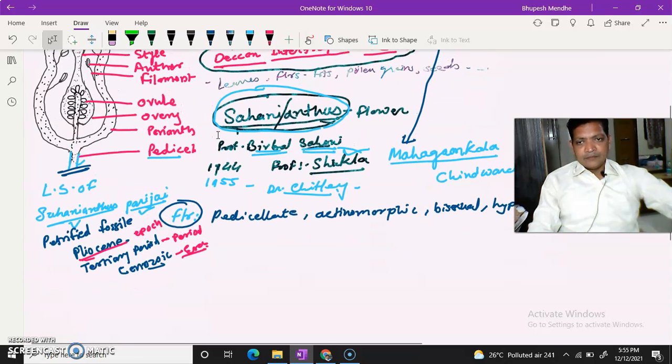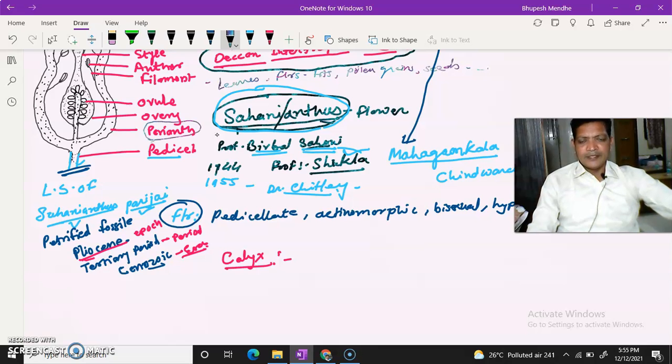If you see the calyx, it is doubtful. Some scientists say that it is a calyx, and some paleobotanists describe it as a corolla, and some people have said that it is neither calyx nor corolla, it is a perianth. Perianth, you know that if only one accessory whorl is present, it is called a perianth. The calyx has 7 to 8 lobes, and their arrangement, the estivation, was valvate.